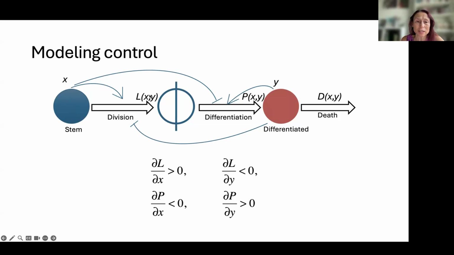How does the division rate depend on the number of differentiated cells? In this picture, dL/dY is negative. The more of them there are, the fewer divisions of the stem cells we are going to see, because they signal and they say stop. Okay, so this is a way to represent control or cell communication by means of partial derivatives. And so these are functions, right?